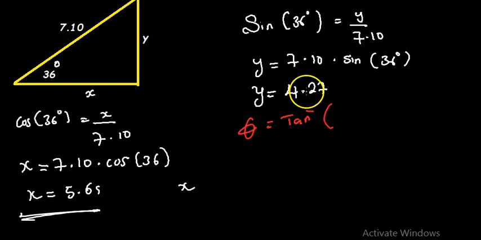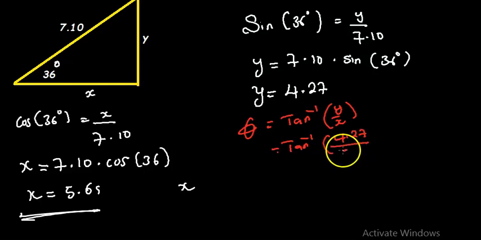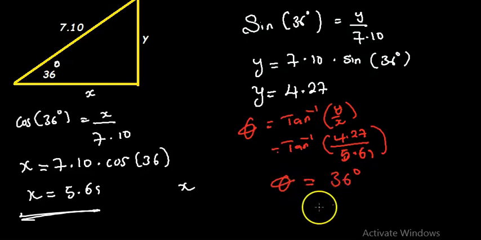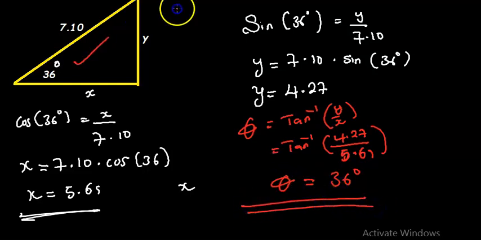We are going to divide y by x, which is the same thing as saying tan inverse or arctan of 4.27 all divided by 5.69. If you do that, our theta is simply going to be 36 degrees. So the angle is confirmed to be 36 degrees.